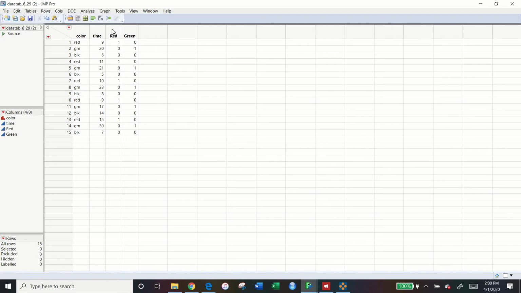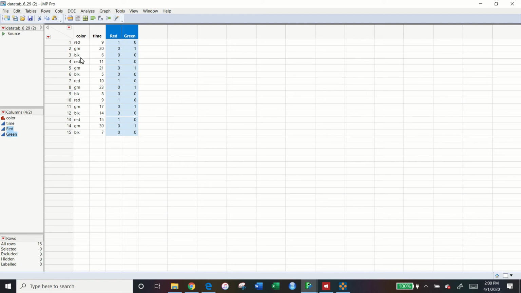Naturally, these two columns here did not come with the rat data. It was just the color and time. But I went ahead and added in our indicator variables. For color, we have three colors: red, green, and black. If we remember, for our indicators, we are doing I minus 1.